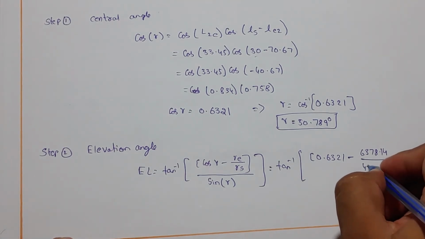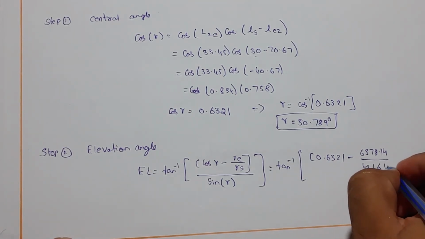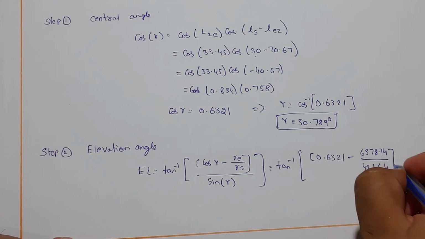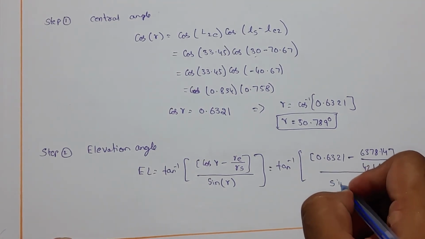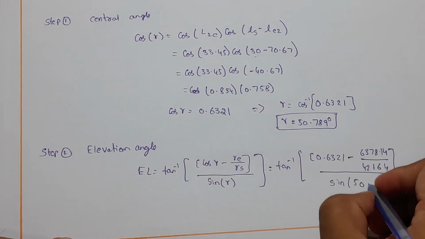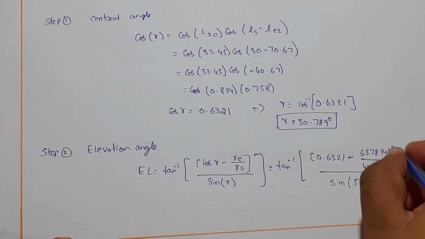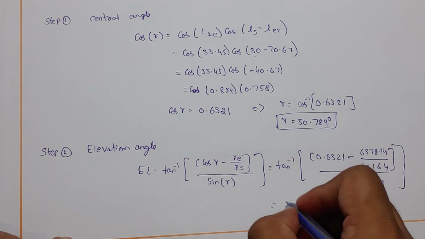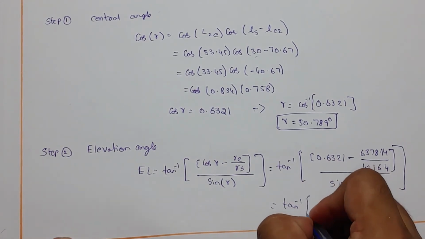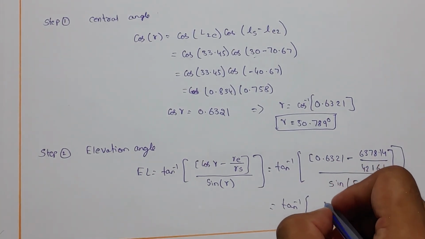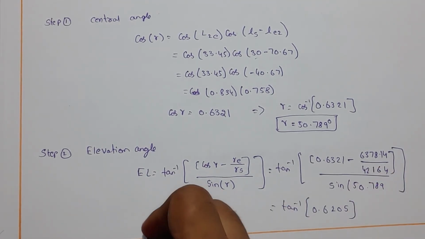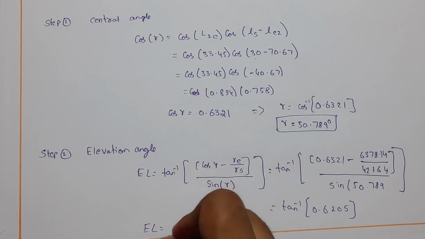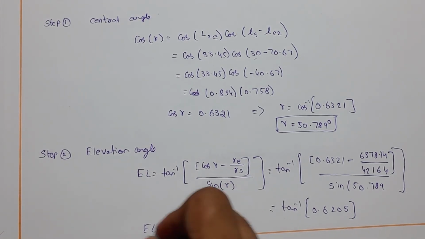As it is geosatellite, from the earth's center it is nothing but 42,164 kilometers, divided by sine of central angle, that is sine of 50.789. On solving this we will get tan inverse of 0.6205, and tan inverse of 0.6205 will be equal to elevation angle, which is 31.82 degrees.